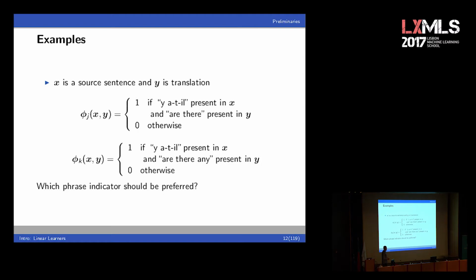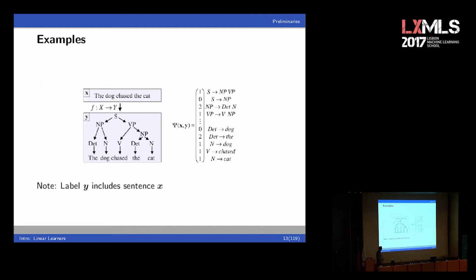For anybody who speaks French, but that's how it is. An example from parsing would be, this is our input, the dog chased the cat, and this is one output, a parse tree, and the feature representation could be, from a context-free parse tree, you just count the occurrences of rules, right? S to NP, VP, and so on. So each rule gets a count.